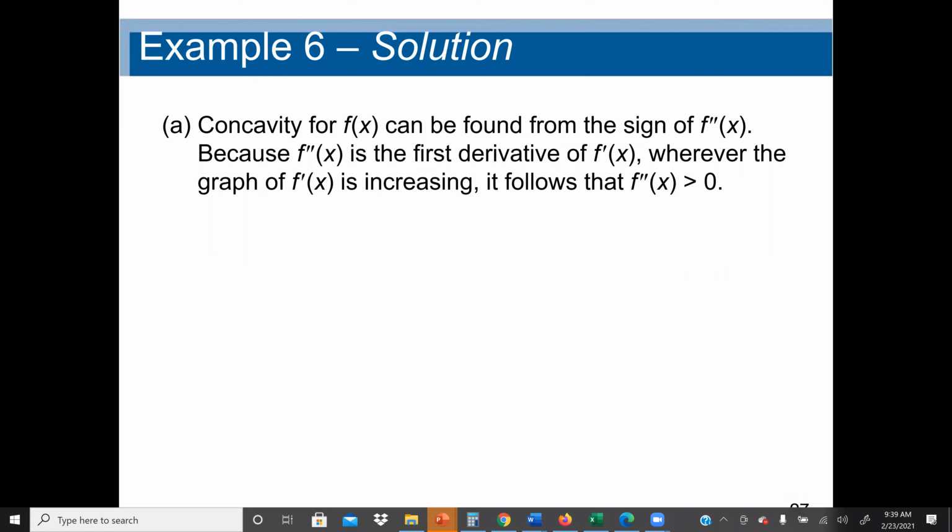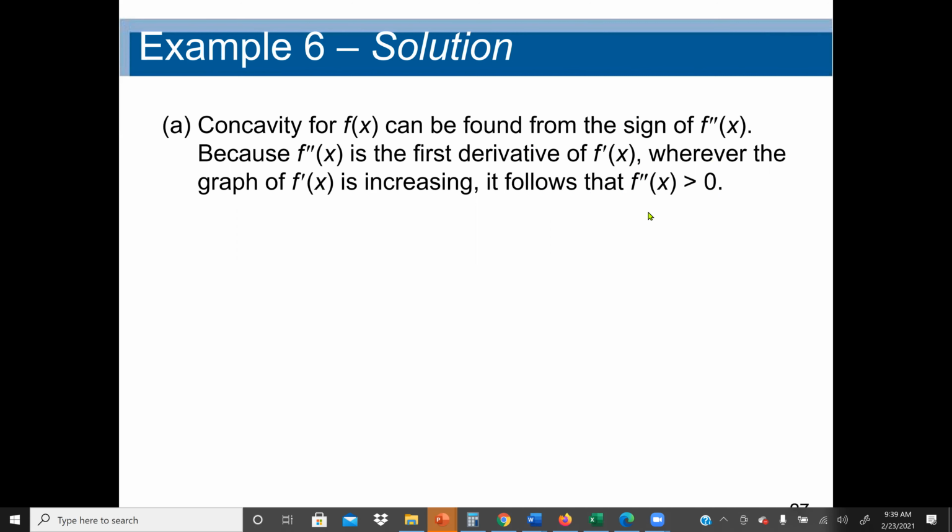If it's negative, concave down. Now, because the second derivative is the first derivative of the first derivative, which is given to us, whenever the graph is increasing, it follows that the second derivative will also be greater than 0. If the first derivative is increasing, then we have concave up.